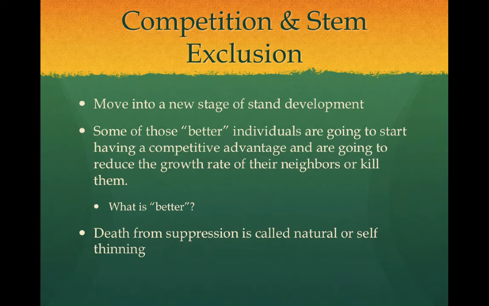So what is a better individual? What makes an individual better? Hopefully when you're thinking about this, you're thinking maybe they're on a better microsite. So maybe they have more access to nutrients or water or whatever.